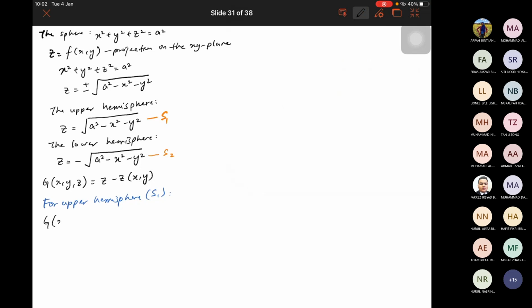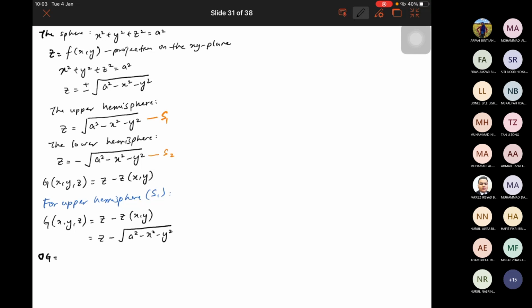G of x, y, z will equal z minus z as a function of xy, so z minus the square root of a squared minus x squared minus y squared. So this is for us to get the unit normal vector.